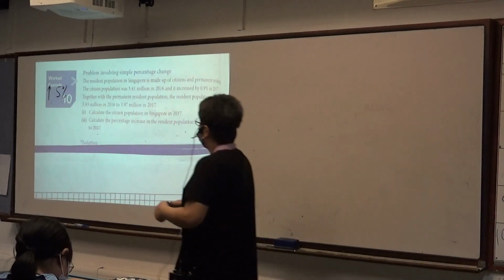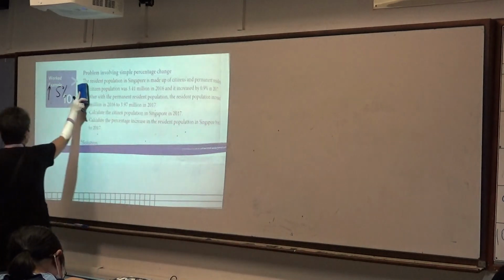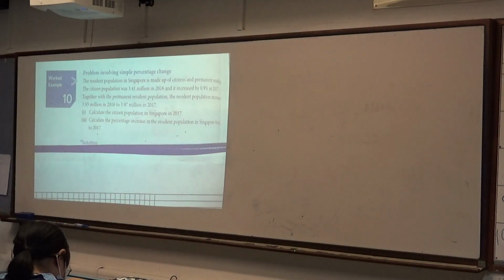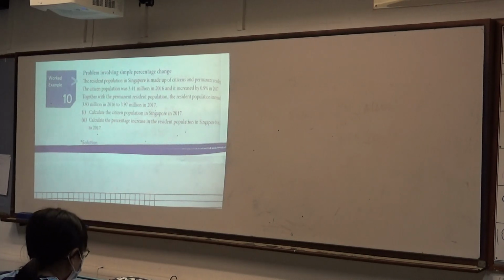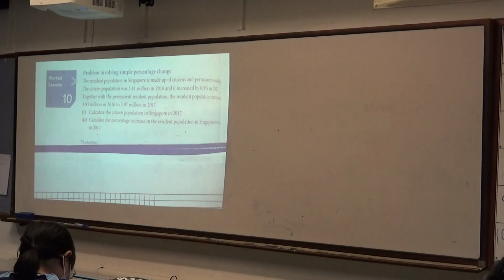Okay. So resident population in Singapore is made up of citizens and permanent residents. The citizen population was 3.41 million in 2016 and it increased by 0.9% in 2017.